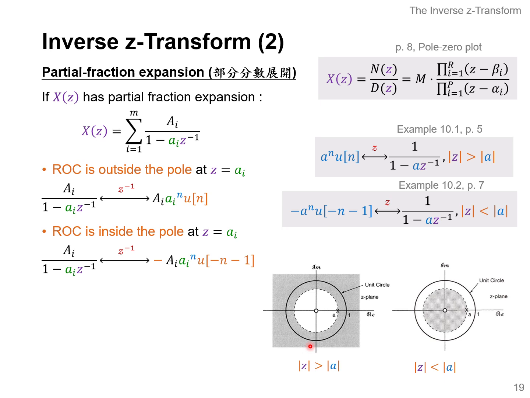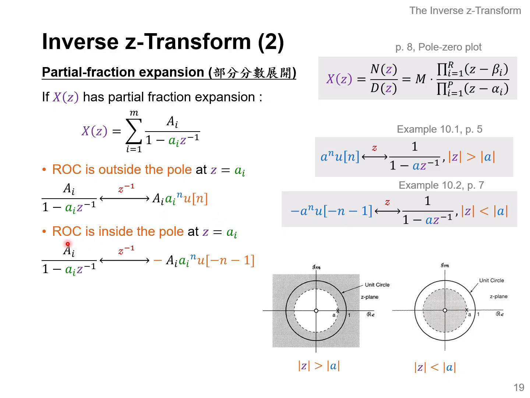In this case, the inverse Z transform gives a right-sided signal. Its form is a constant times ai to the n multiplied by the step function u of n. The step function keeps the signal from non-negative time.